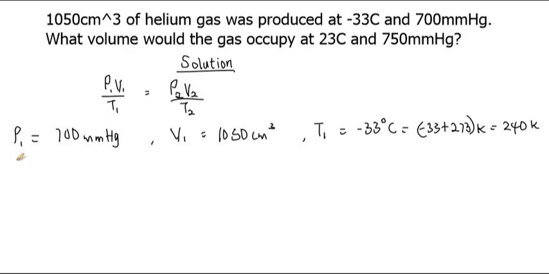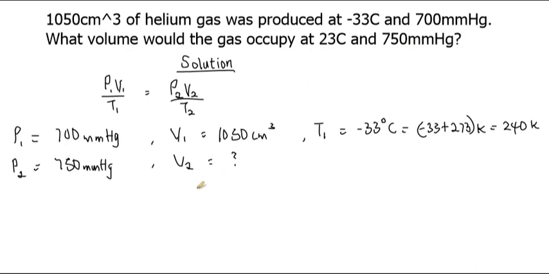Then for the final values, P2, the final pressure of the gas, is given to be 750 millimeter mercury. Then the final volume of the gas, V2, is unknown, and that's the question. I read again. It says, what volume would the gas occupy at 23 degrees Celsius and 750 millimeter mercury?